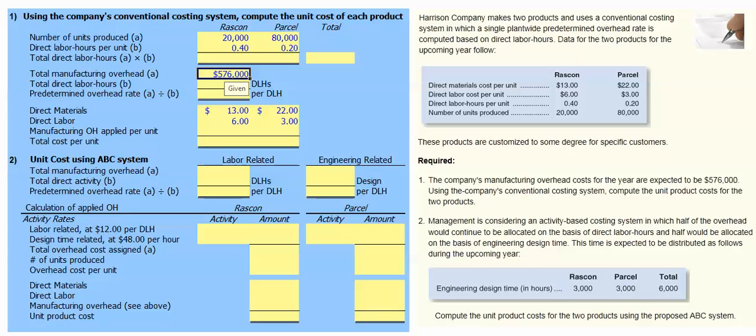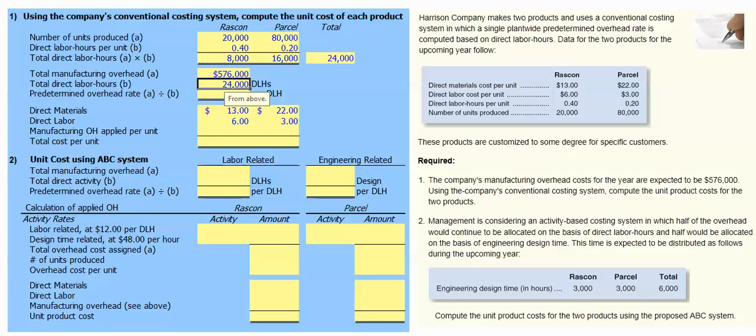For the Rascon, we expect to produce 20,000 units at 0.4 direct labor hours per unit, so in total we expect to work 8,000 hours making the Rascon. For the Parcel, we expect to spend a total of 16,000 direct labor hours, which is the 80,000 units times 0.2 hours per unit. This means our total estimated direct labor hours for the year is 24,000.